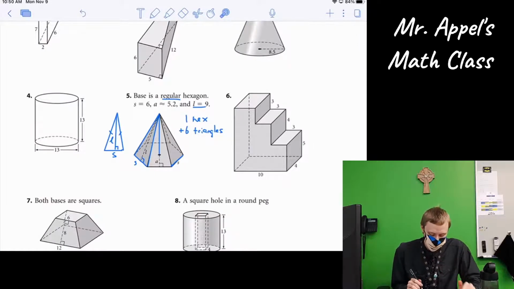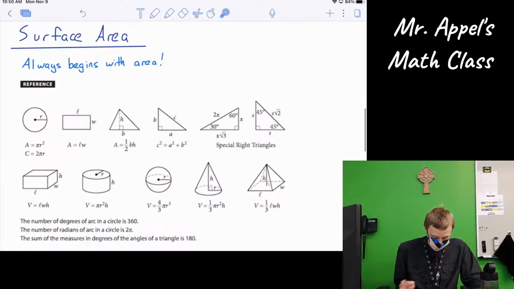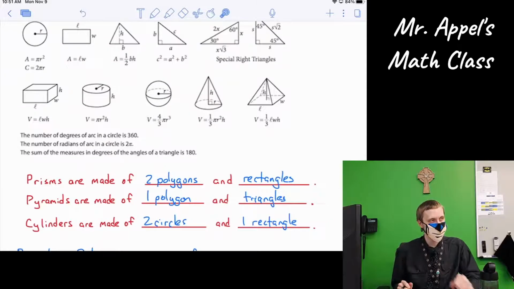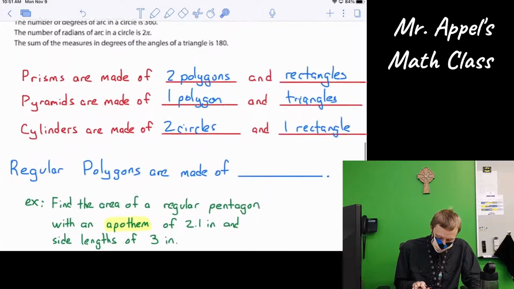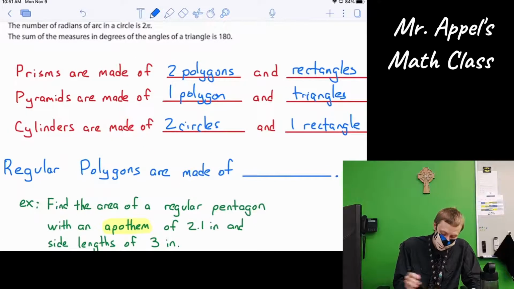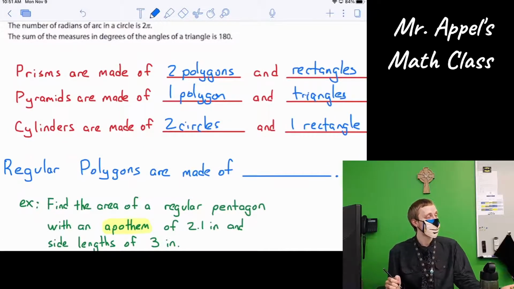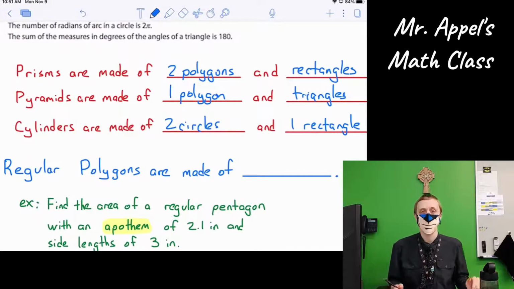Now keep that in mind. Because the next tricky thing, especially with this, is how do you find the area of a hexagon? Mr. Apple, hexagon is not on my reference sheet here. What am I going to do? We're breaking it down even further. When in doubt, reduce to smaller pieces. Regular polygons can be thought of as made of, what's the simplest possible shape?